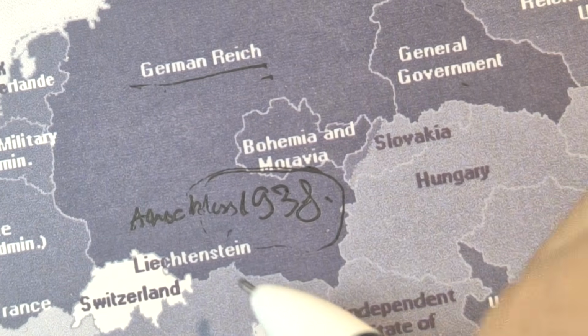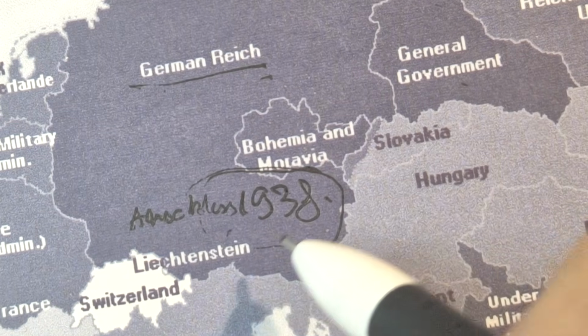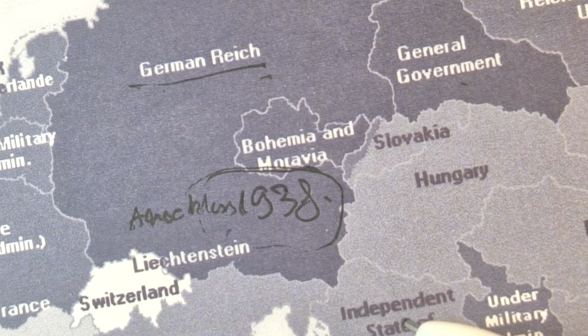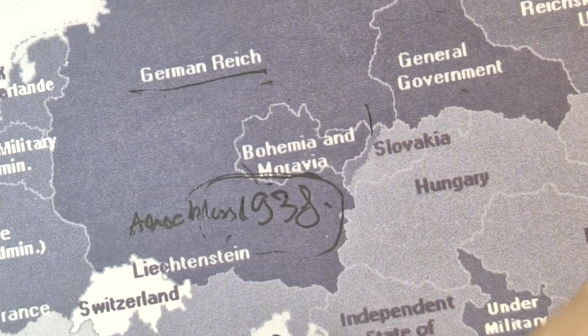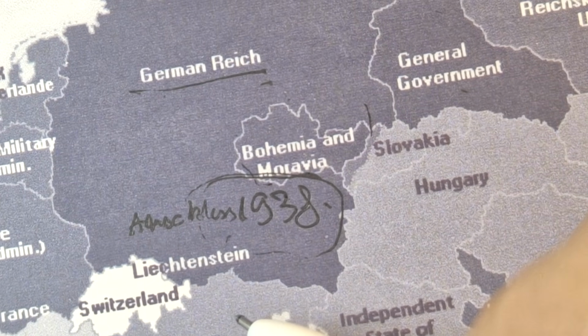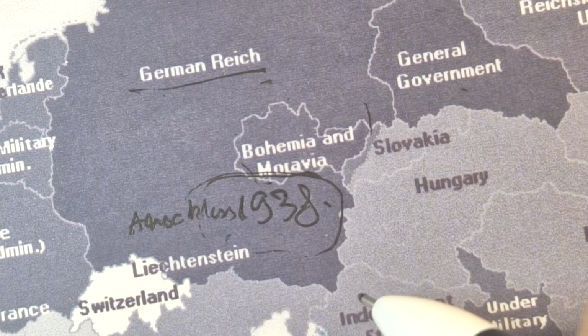But in the same year, another big event occurred. It's about Czechoslovakia. Sudetenland was taken in October 1938.